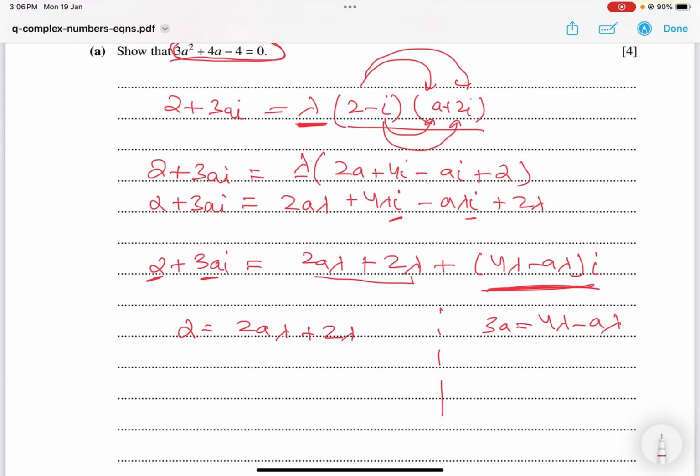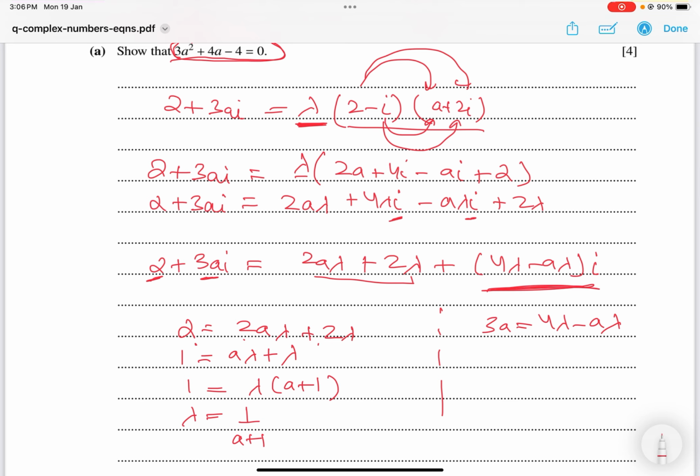Yes or no? Now, can I take 2 common from here and cut? So it would be 1 equals to a lambda plus lambda, and 1 equals to lambda times a plus 1, and lambda equals to 1 upon a plus 1.